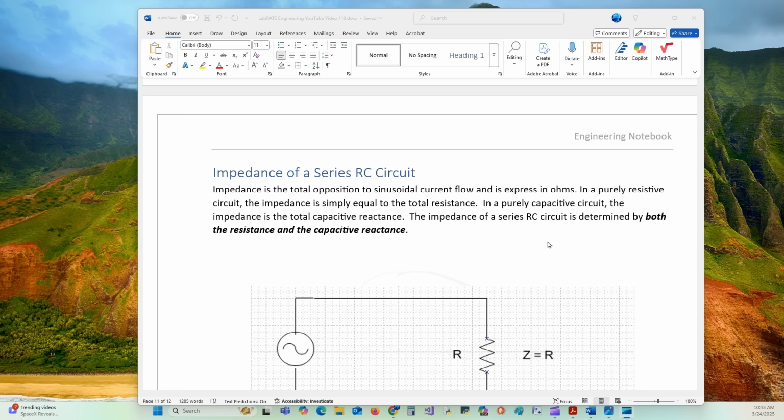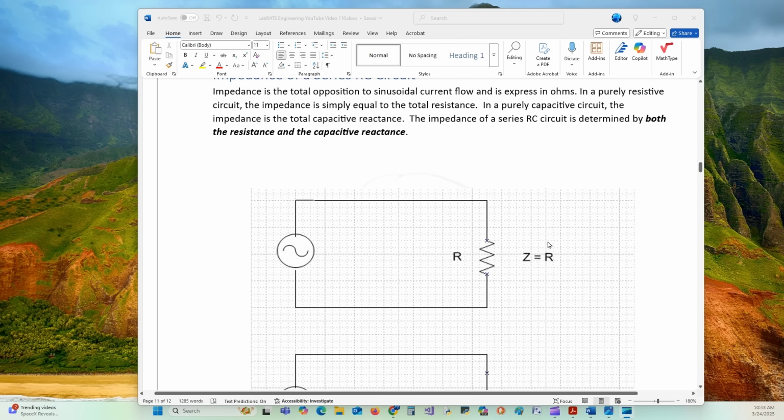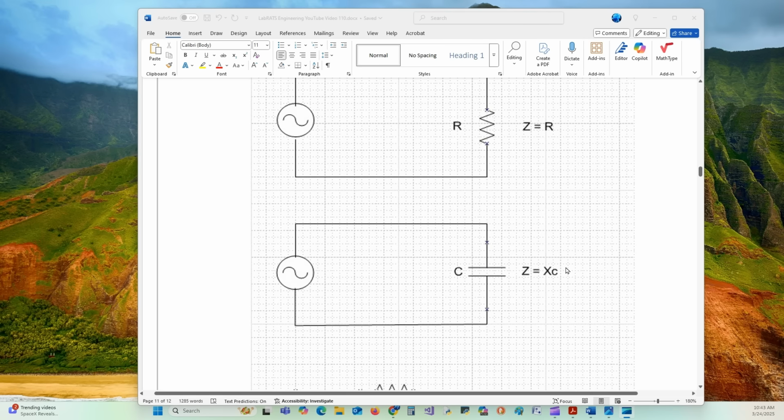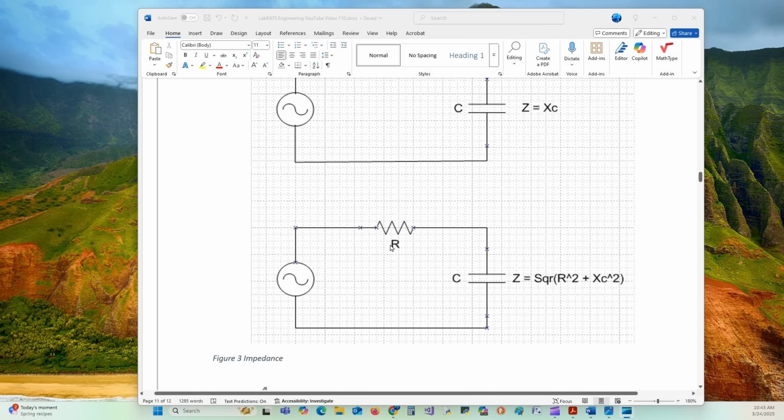The impedance of a series RC circuit is determined by both the resistance and the capacitive reactance. As we can see here, this is just an R circuit, a simple circuit, Z equals R. Here is a capacitive circuit, and Z equals XC. Here in an RC circuit, Z equals the square root of R squared plus XC squared.